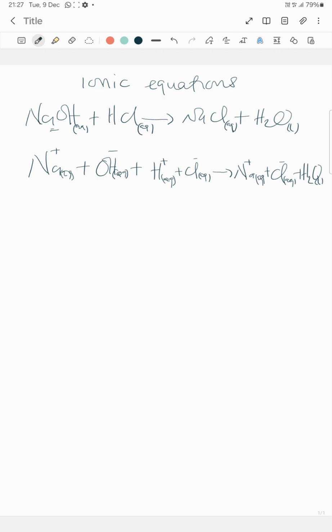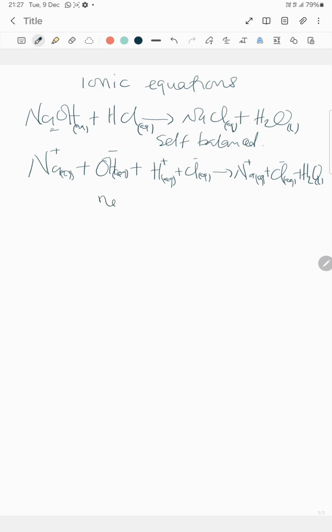The first thing you also need to consider is balancing the equation before you do all this. But this one was self-balanced, that's why I just went straight to it. So now this is what we call the ionic equation.